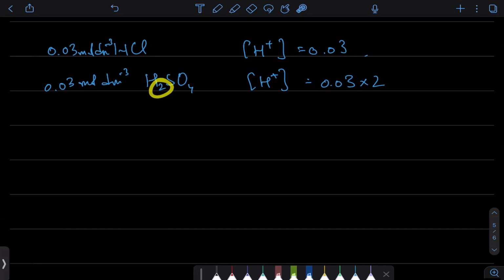This idea, this number, कि कितने H positive वो देता है, this is called basicity. That how many H positive is it providing per molecule? So the H positive concentration is simply going to be the concentration of the acid multiplied by its basicity.